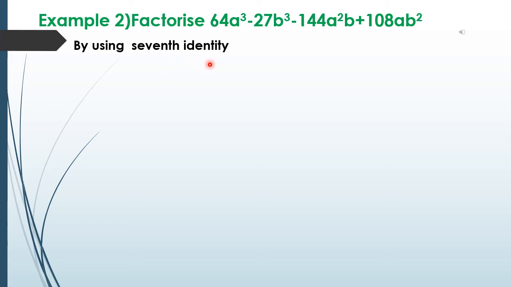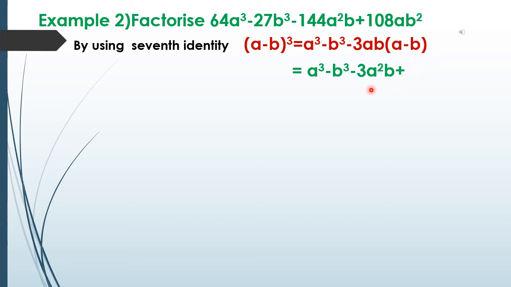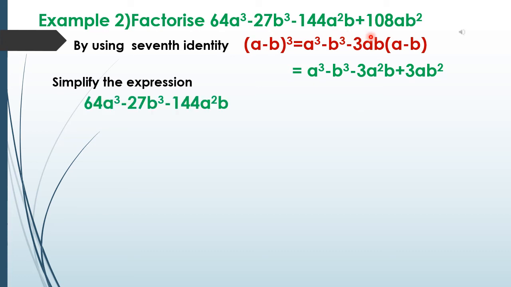That is (a minus b) whole cube is equal to a cube minus b cube minus 3ab into (a minus b), which is a cube minus b cube minus 3a square b plus 3ab square. Now simplify the expression 64a cube minus 27b cube minus 144a square b plus 108ab square.